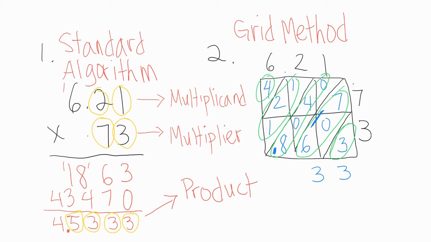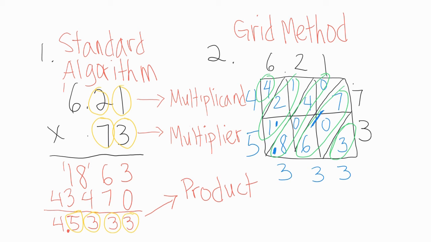Now I have 4 plus 8 is 12, plus 1 is 13, and I have to carry the 1 over to this diagonal row. Now I do 2 plus 1 is 3, plus 1 is 4, plus 1 is 5, and 4 plus nothing is 4.